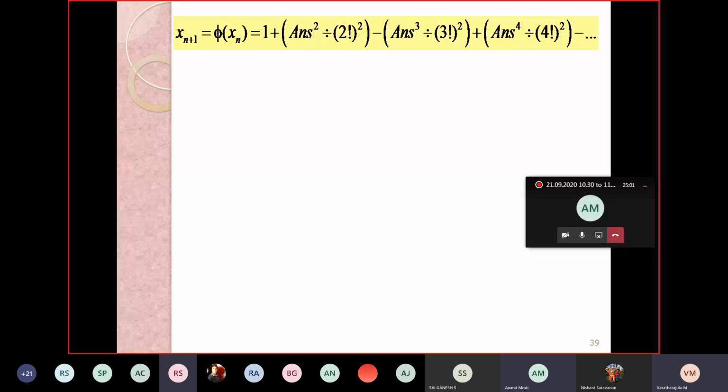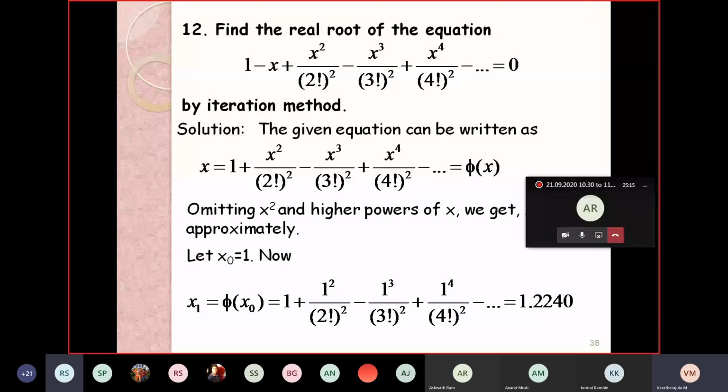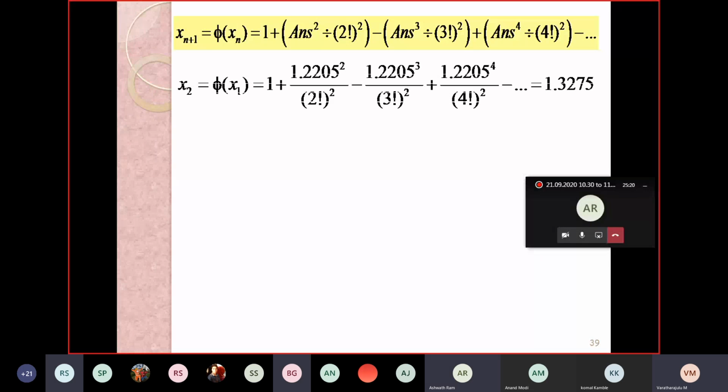No. 1.8125? No. Sir, 1.2240. Yes, sir. After getting 1.2240, I am seeking x2. Give equal to, you can get. Sir, 1.327, 1.325. Yes, of course.